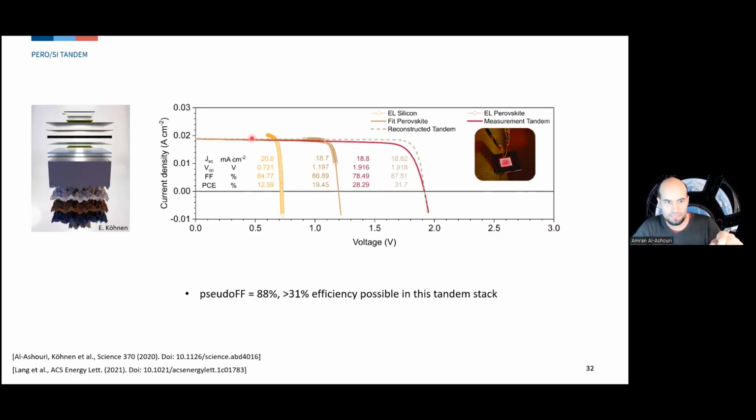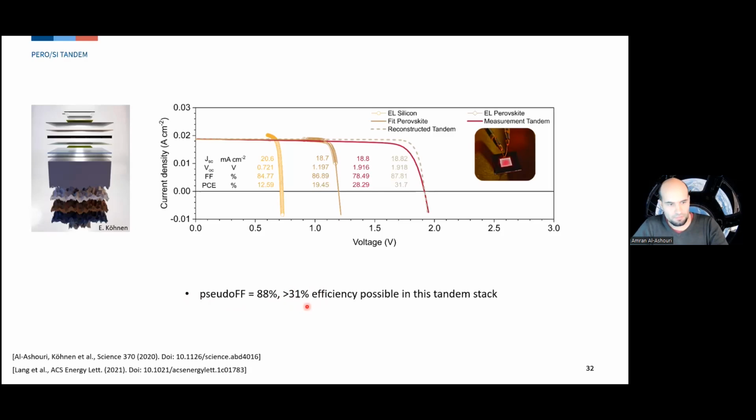So that's how we can have the pseudo JV curves of the silicon and the top cell. And together we estimated, well, if we reduce transport losses further, it should be possible to gain over 31% efficiency. And again, the pseudo fill factor of 88% should be in principle possible, but we are almost at 80%, so there's a lot of room still.